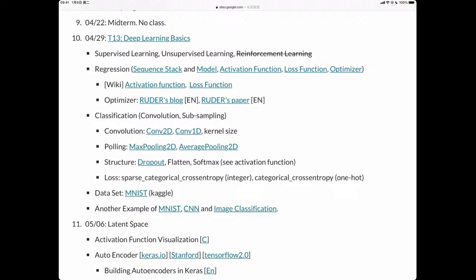There are several different layers, and we'll introduce some others today. Building a model is like an art. It's a little bit difficult, but we have a lot of examples to help you understand the functionality of each layer and how they affect your result, which is your target Y. And we introduced several activation functions.